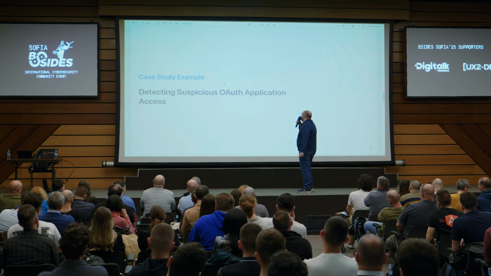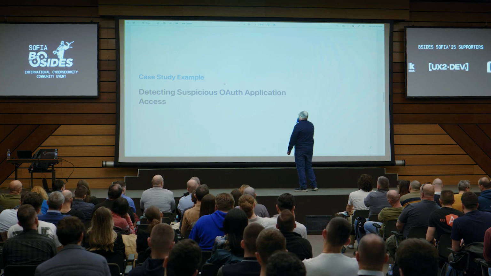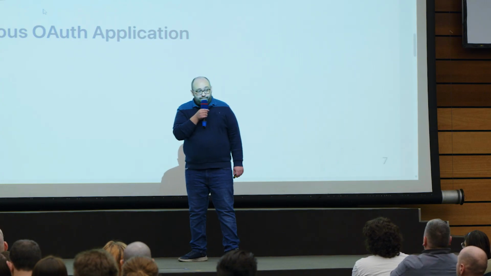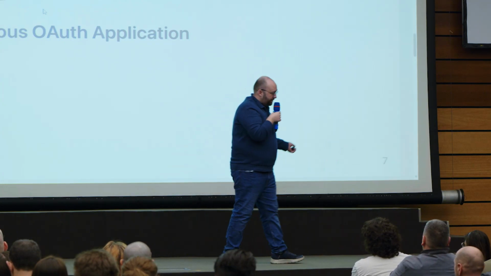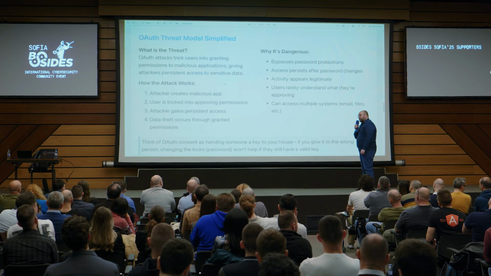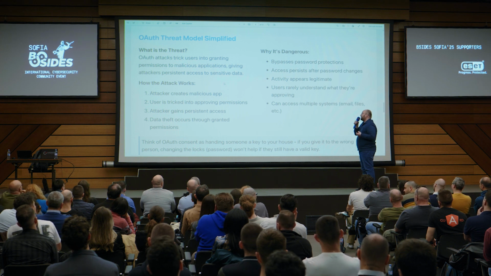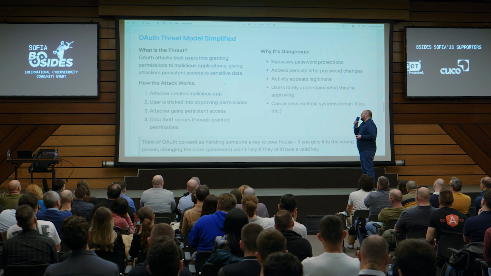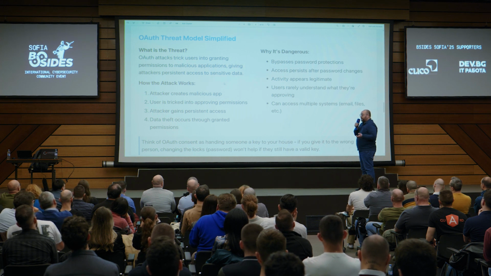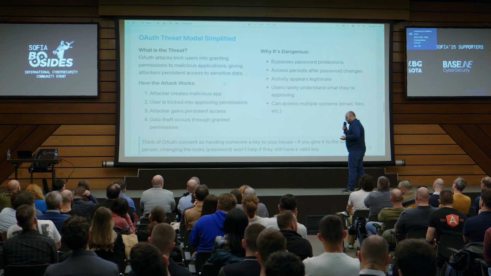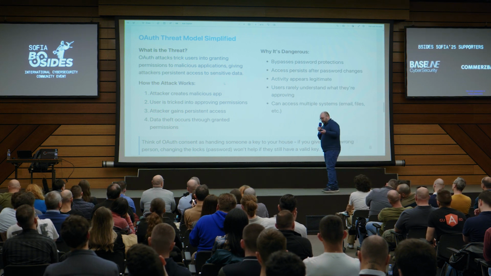Okay, so we're gonna go over a case study, detection of a suspicious OAuth application access. This has been a thing in the last couple of years. Basically, the bad guys will send a phishing link to an application that authenticates against the environment, and they get persistent access to the user mailbox, or God forbid, if an admin actually gets phished with an application, they get even more.